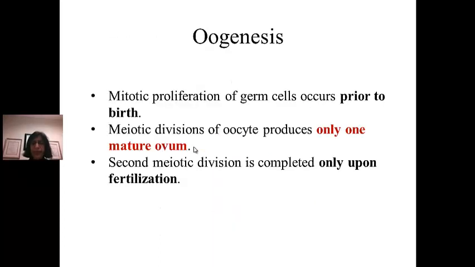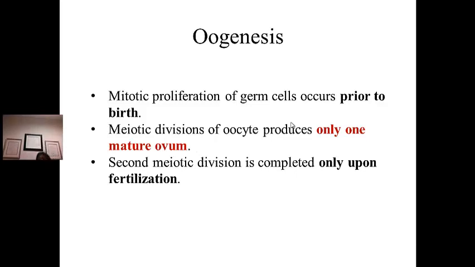Okay, with this review, let's get to the main detail, oogenesis, that is the formation of eggs, or ovum, which is what we really need in order for the sperm to fertilize.